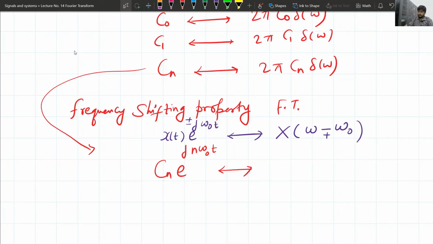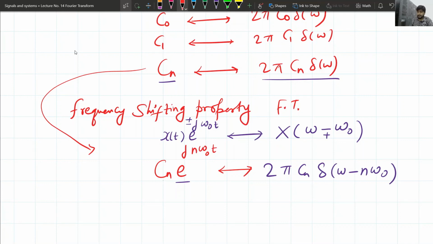Now for the Cn constant, we have this Fourier transform. Once we multiply the signal in the time domain with a complex exponential, there will be a shift in the frequency domain given by 2 pi Cn del omega minus n omega naught.